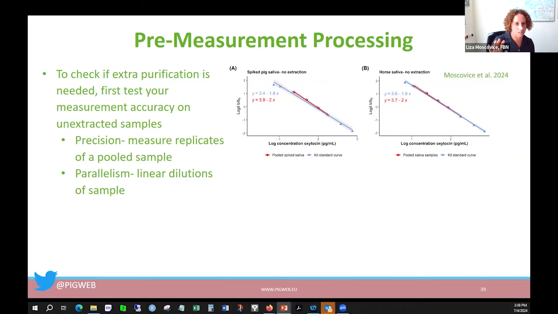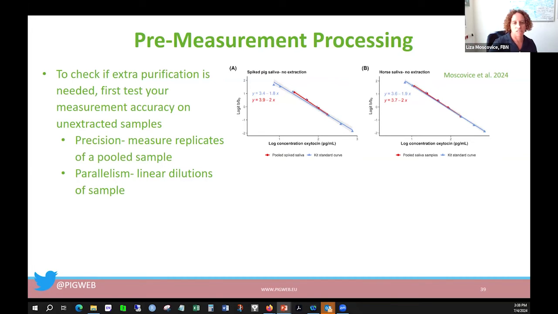If you're using an ELISA, we'll get to that in a second, but assuming you're using an enzyme immunoassay, just measure the sample in replicates. You should get an acceptable level of similarity in the concentrations of this pool. The second thing you should run is a parallelism, which is a linear dilution of your sample, compared to a linear dilution of pure oxytocin, which you can buy on your own or get with kits.